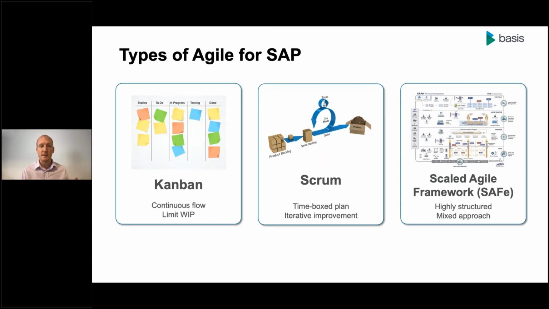But of course, as I've said, there's adaptation here. We've got to fit these things to what we need in SAP. So for example, in Basis Technologies, we actually employ both Kanban and Scrum for different purposes in our organization and our SAP development. So our support tickets and bug fixes are run more on a Kanban basis because you can't really predict what's going to come in there and you may need to reprioritize very rapidly.